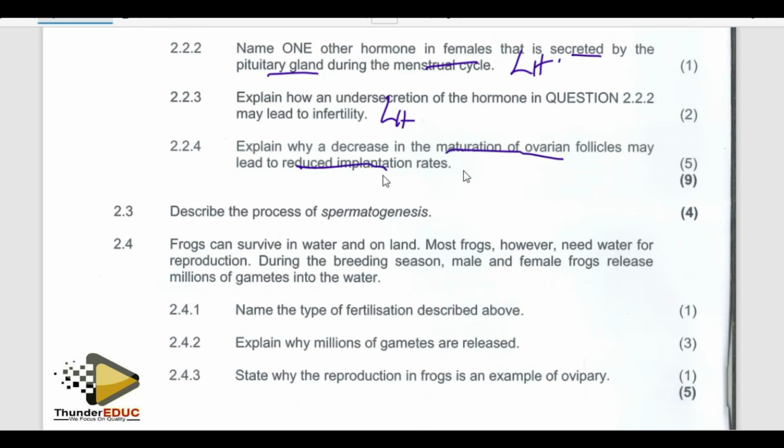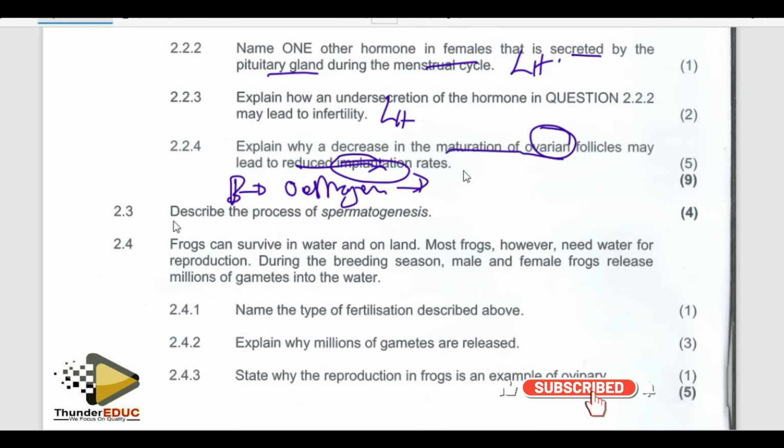So you have to ask yourself, what does this Graafian follicle bring about? It brings about this hormone called estrogen. And if estrogen is not there, what happens? What's the function of estrogen? Prepares the uterus for implantation. Check. If it's not prepared, reduced implantation.